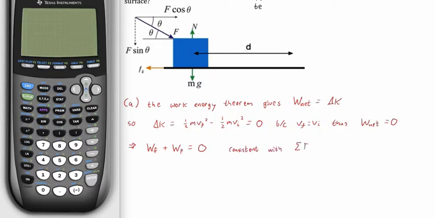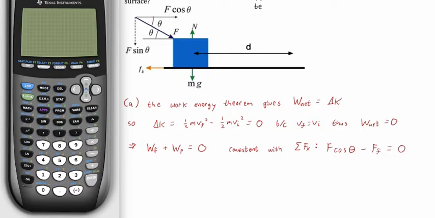So the sum of forces in x, which would be F cosine theta minus F friction, equals 0. Okay, that's just telling us that those forces have to be equal, and if the forces have to be equal and the distance is, then the works are equal but opposite in direction. So just like the forces point in opposite directions, the works, although not being vectors and thus not pointing in opposite directions, do have opposite signs.